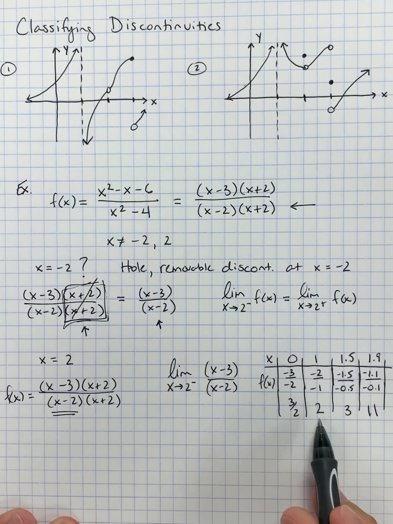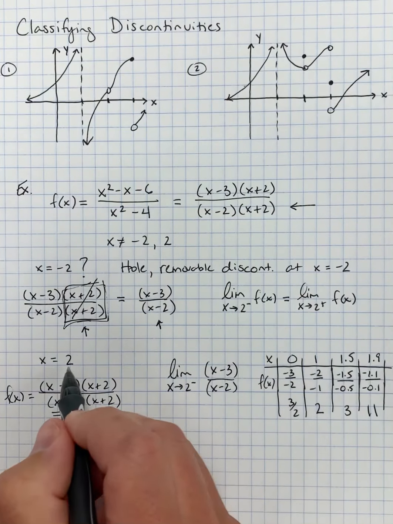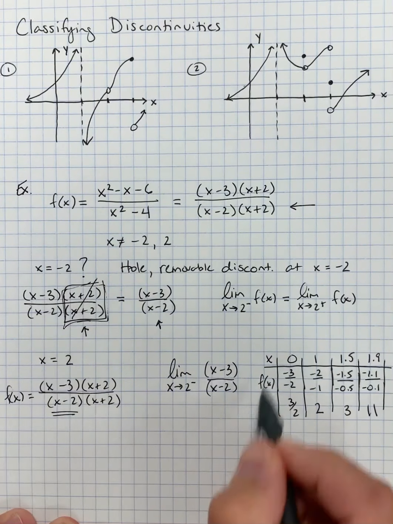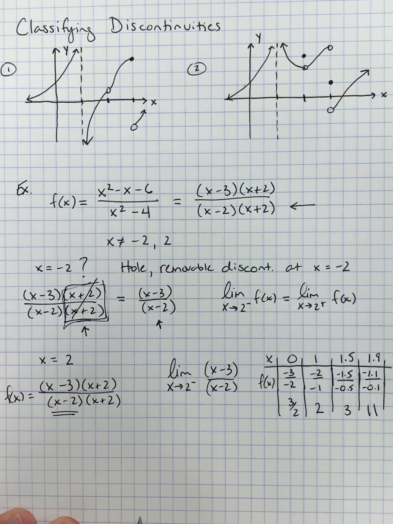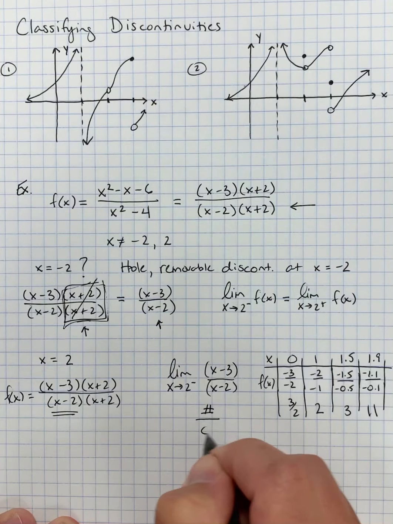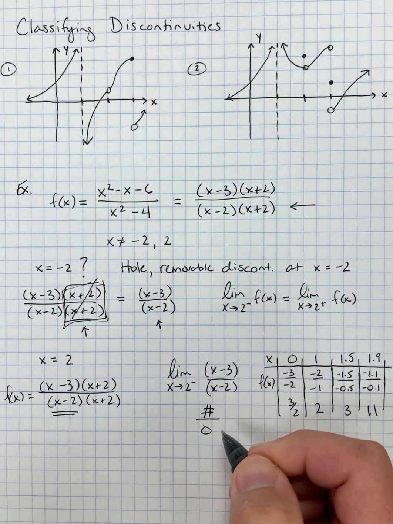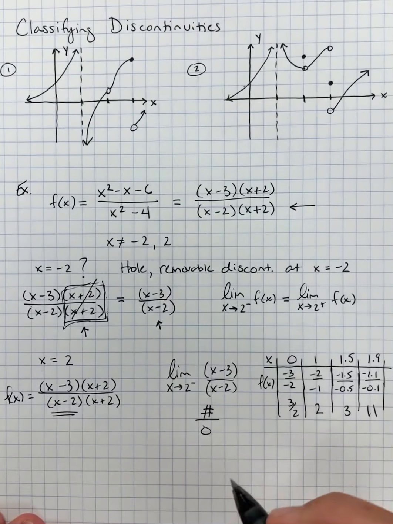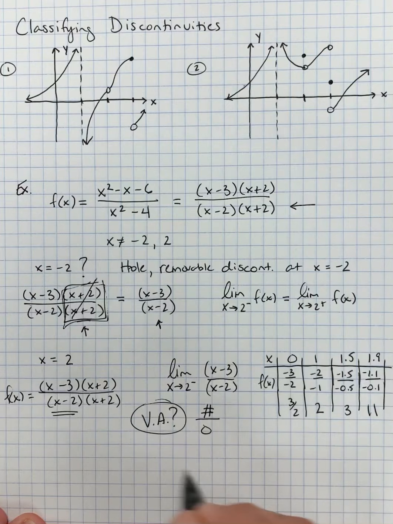Well, I know that there's not a hole here, I'm thinking, because when I put 2 into this function, whether you're looking at the original f of x or your simplified f of x, I'm getting some number over 0. And that number over 0 tells me I think there may be a vertical asymptote there. That's my first guess, but I need to sort of uncover that.